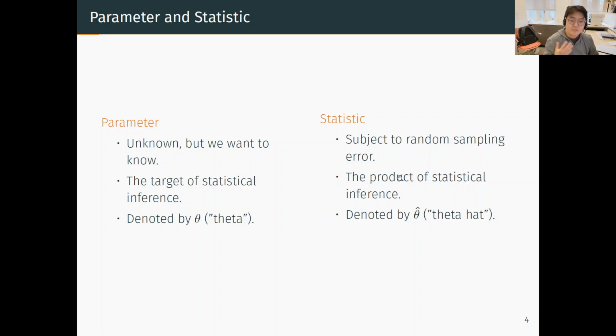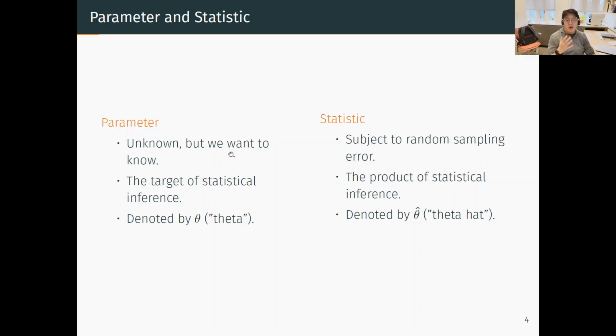This is the essence of statistical inference. You are going to use a statistic to make a guess about the parameter, right? So usually we denote it as theta hat. So that means we would like to know theta, so we estimate theta by theta hat, right?